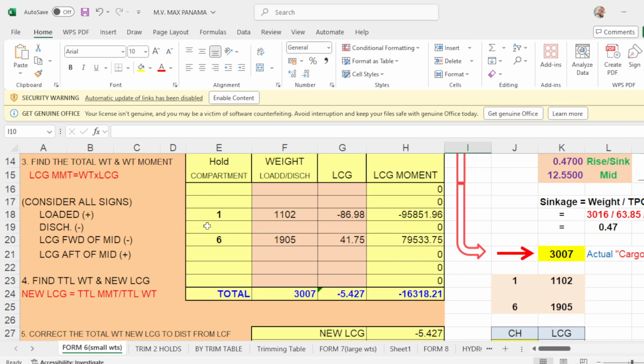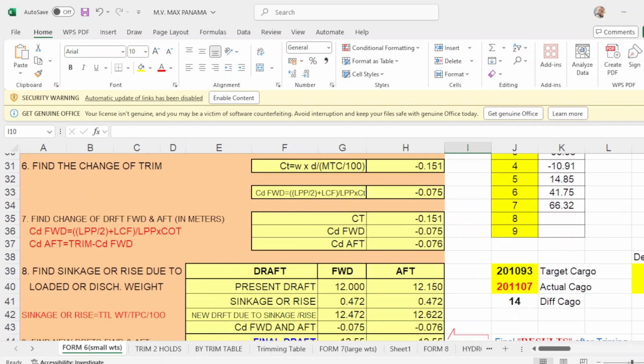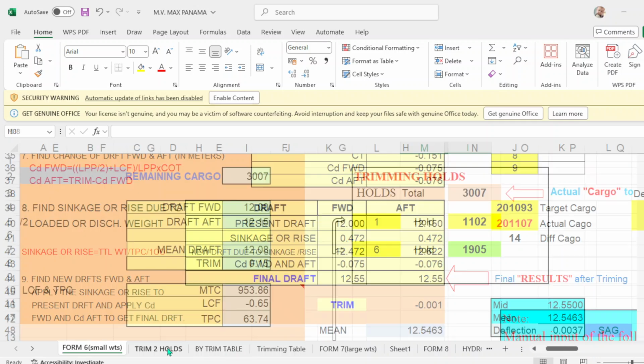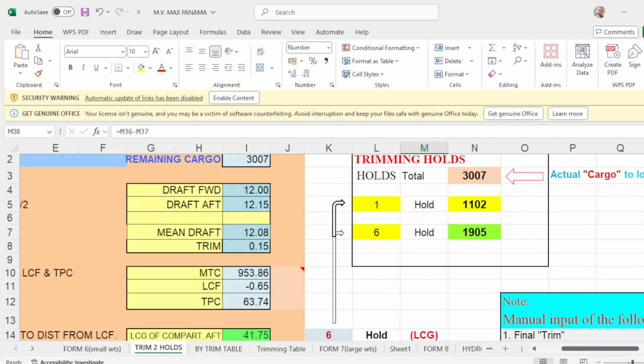So in number 1, you load 1102, and number 6, you load 1905, this is the LCG, and your final departure is forward is 12.55, up is 12.55, you have 0 trim, and your main drop is 12.55, and you have a 0 deflection, and this one is even keel, which is the same with this one.